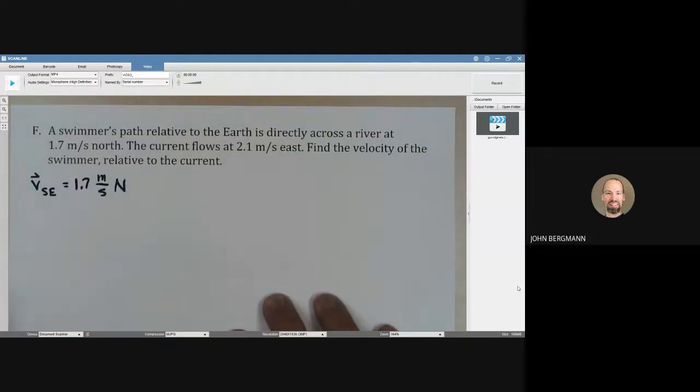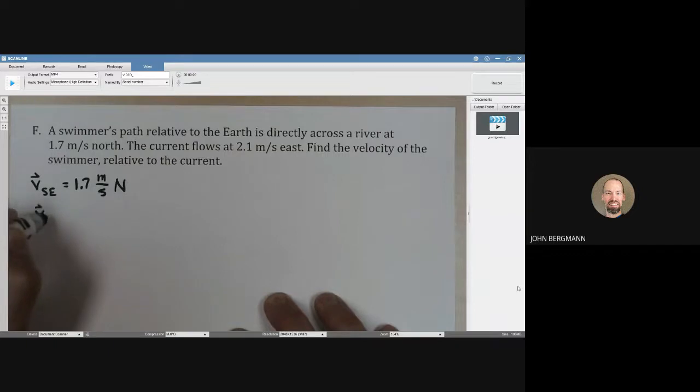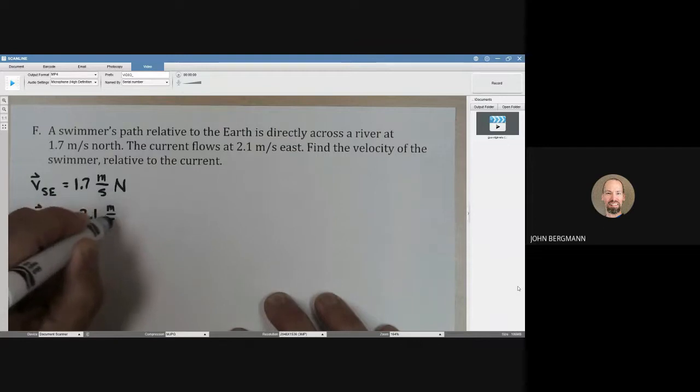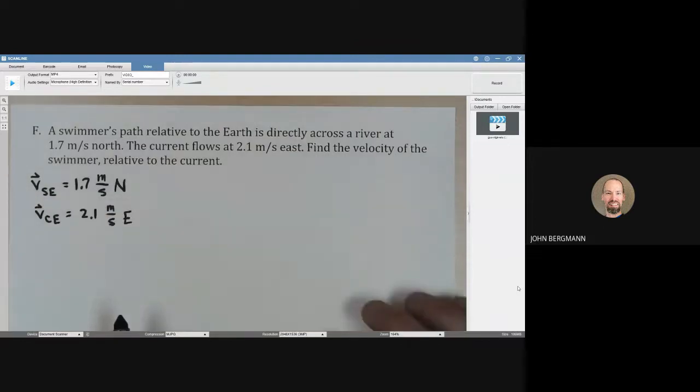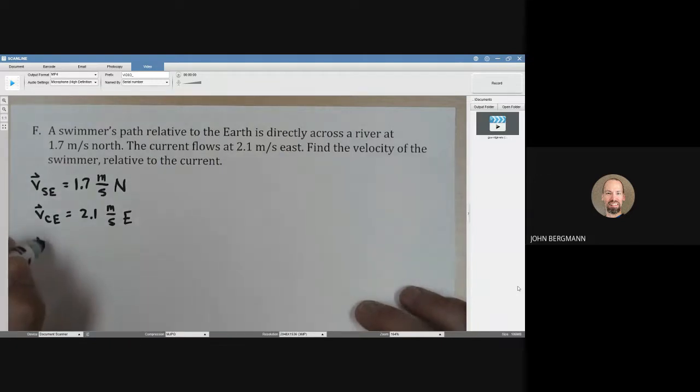And the current is flowing 2.1 meters per second east. So we might say that the velocity of the current with respect to the Earth is 2.1 meters per second east. And what we want is the velocity of the swimmer relative to the current.